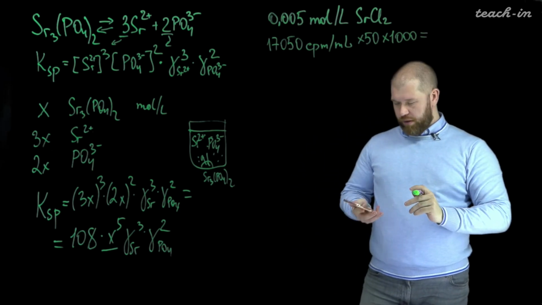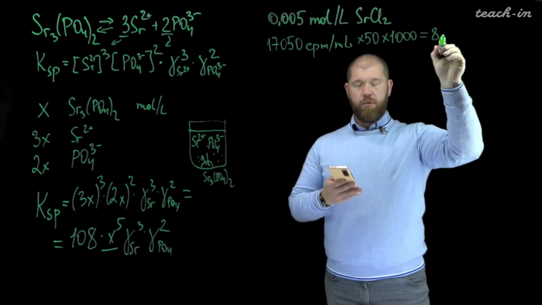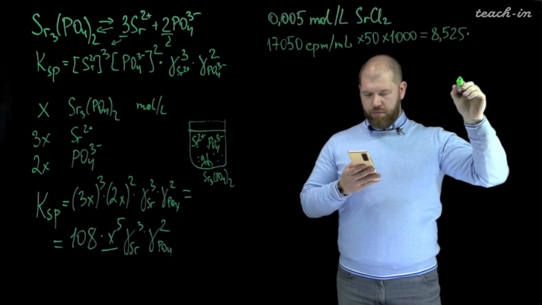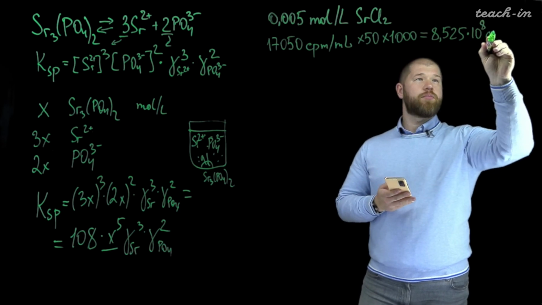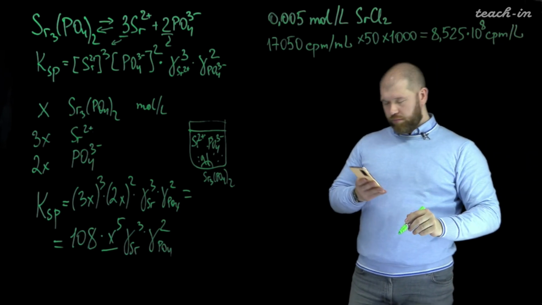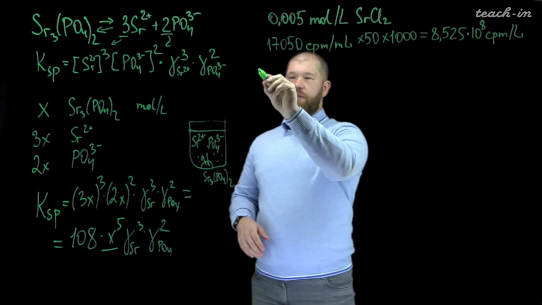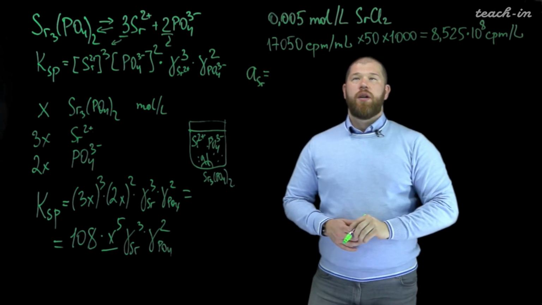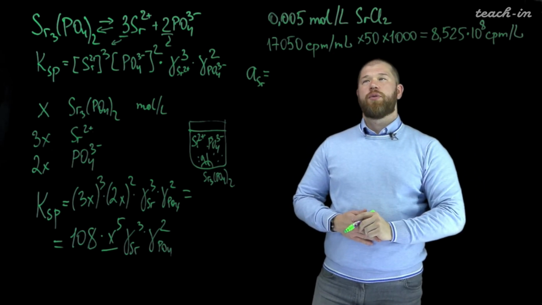So, if we calculate it, we will have 8.525 times 10 to the 8 CPM per liter now. Okay. And now we can recalculate it to the specific activity of strontium. As far as we know the concentration of strontium, we know the activity of this solution.